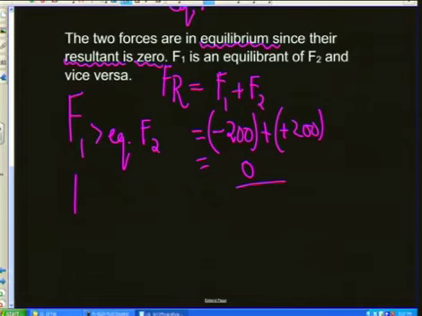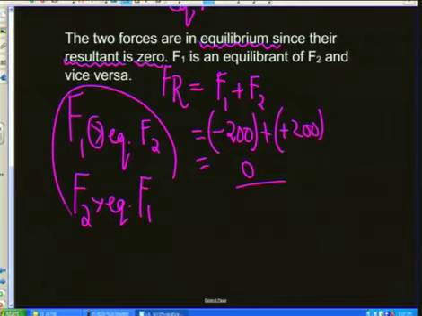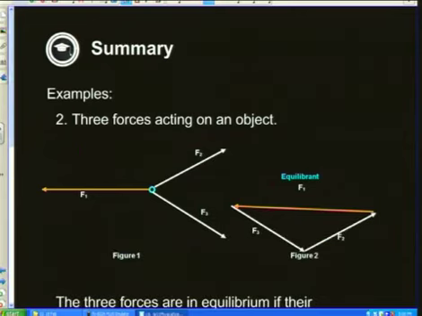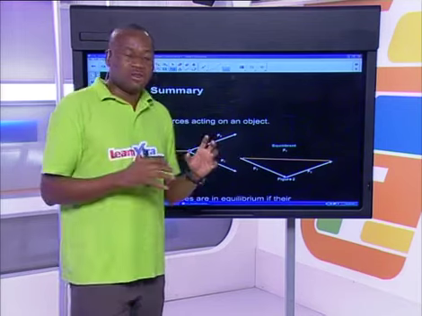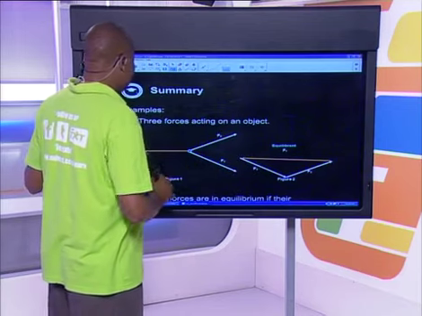You can also say vice versa, that F2 is actually an equilibrium. This is not greater than, I'm just using it as a sign, all right? Some kind of sign. F2 equilibrium of F1. You can say that. So each of the two is an equilibrium to the other because it brings about balance on the other force. That's what I'm trying to say here.